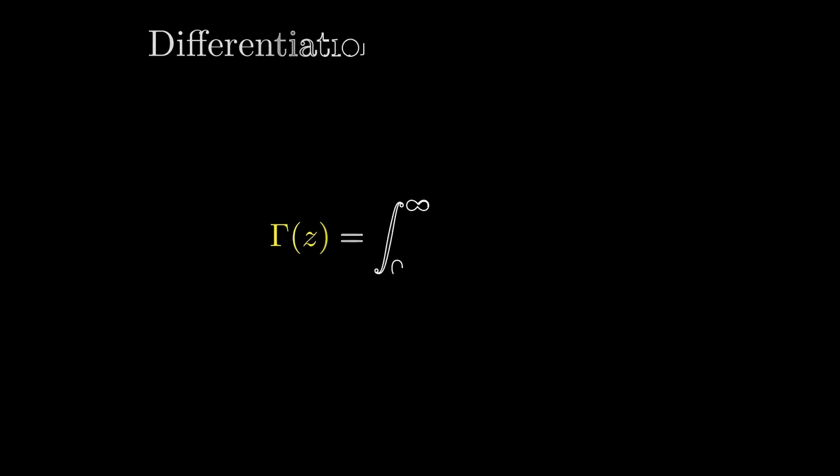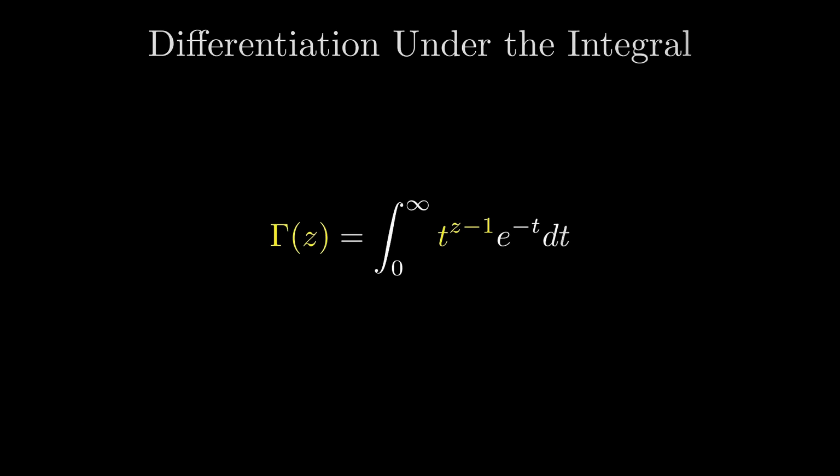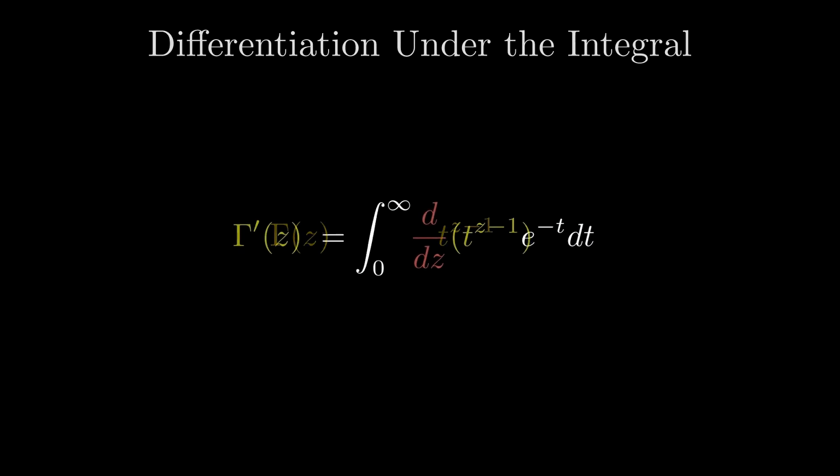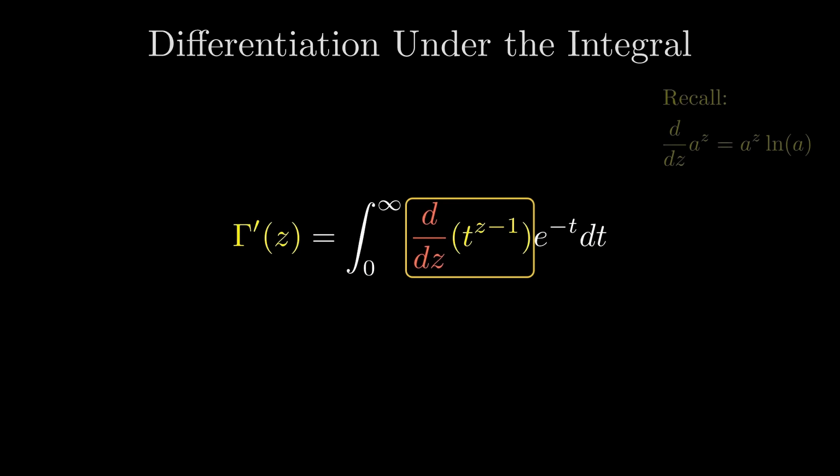Now we go deeper. If factorial is continuous, we can talk about its slope, its derivative. Start with the definition. Gamma of z equals the integral from 0 to infinity of t to the power z minus 1 times e to the minus t dt. Differentiate with respect to z. Only one piece depends on z: t to the z minus 1.